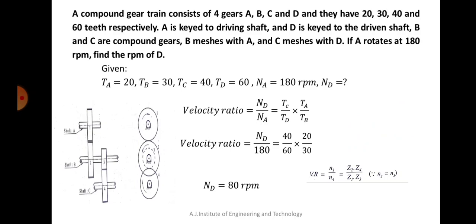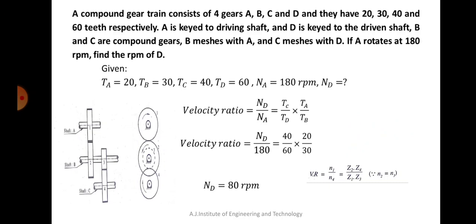Okay, so there won't be any change in that. So values you can take ND by NA or NA by ND, doesn't matter, you will be getting the same answer. So ND by 180 is equal to 40 by 60 into 20 by 30. On substituting those values and calculating, we get the value of ND is equal to 80 rpm. That is what is asked.